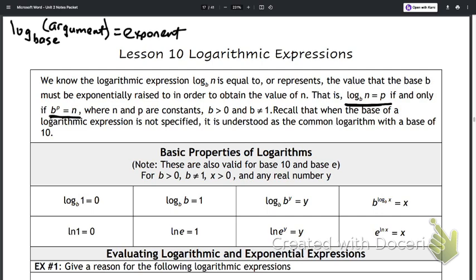The reason why we have logs is because they undo the exponent on an exponential function so that you're able to solve one of those. So to convert it from a log to an exponent on the exponential function, you have a base, and then it's raised to an exponent, and it will equal the argument.